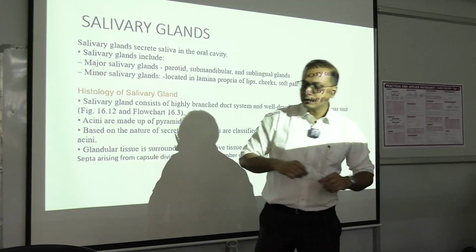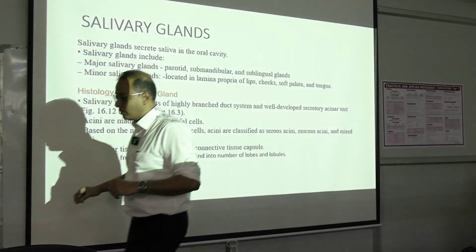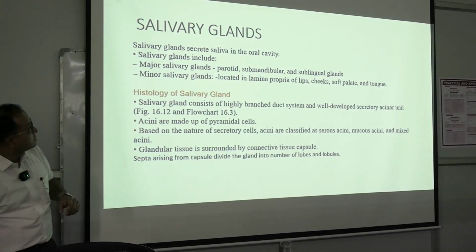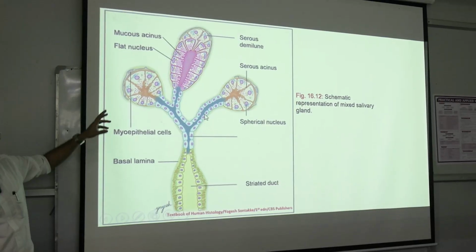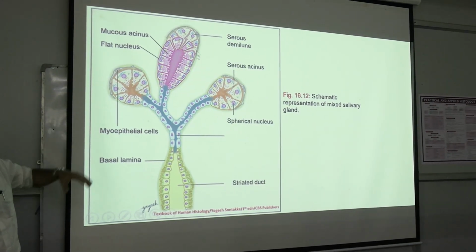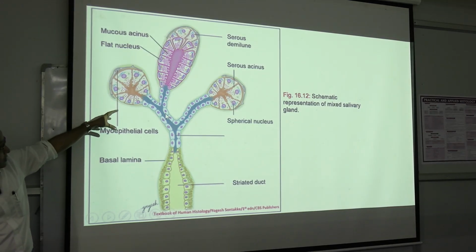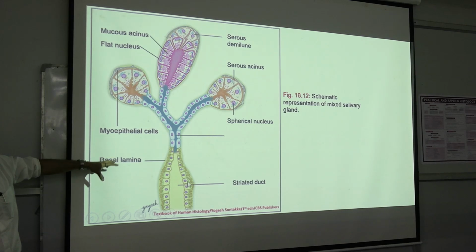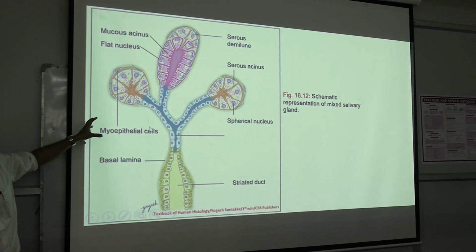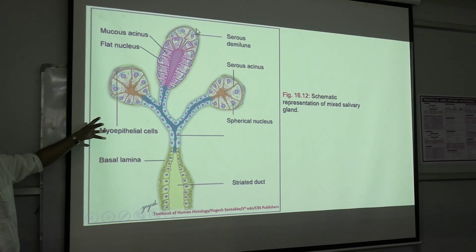Now, the ducts present inside this gland, this is the schematic architecture. These units we call the acini, the factories. This is the connective tissue, and this is the duct channel system which is carrying the secretions. So, these 1, 2, 3 can be called a lobe, for example.